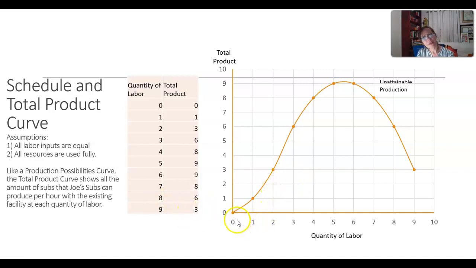So we're going to graph this out. We put total product on the y-axis and quantity of labor on the x-axis, and we see 0 labor, 0 total product.